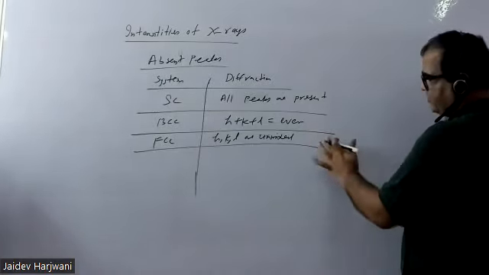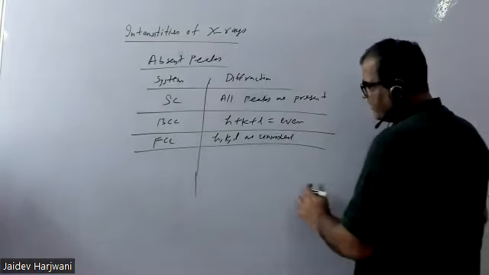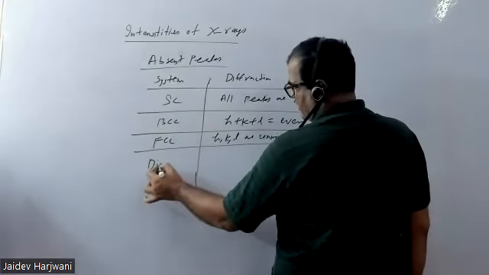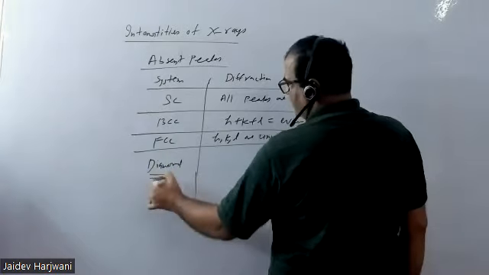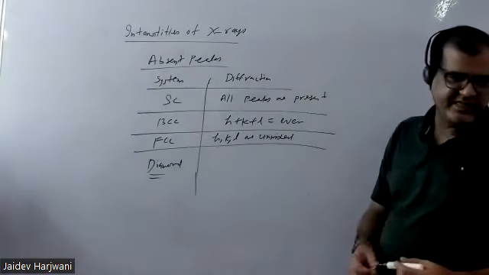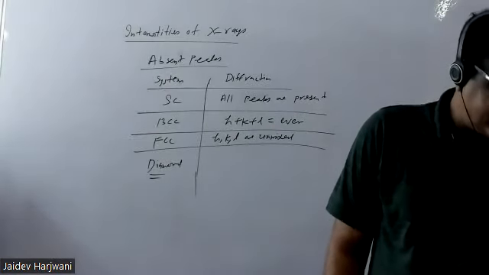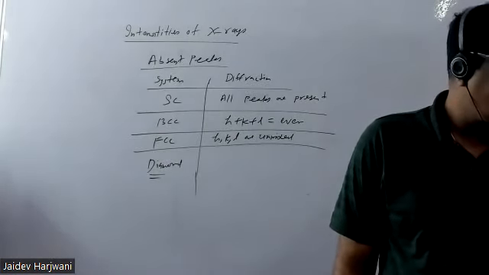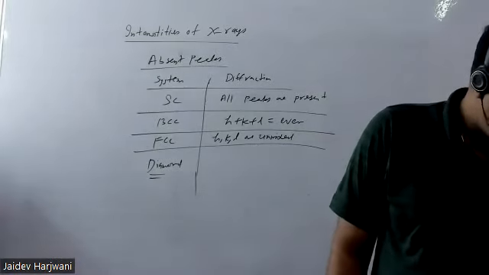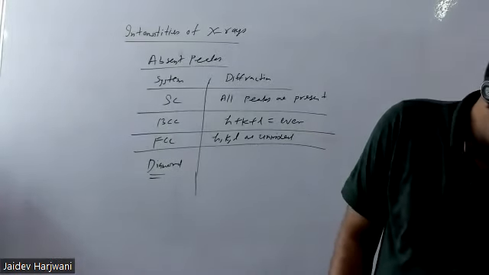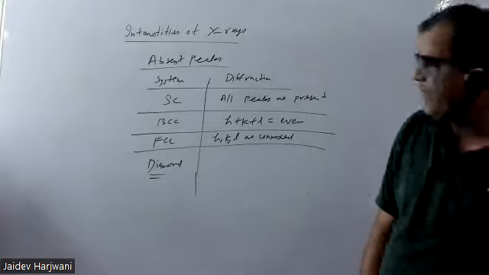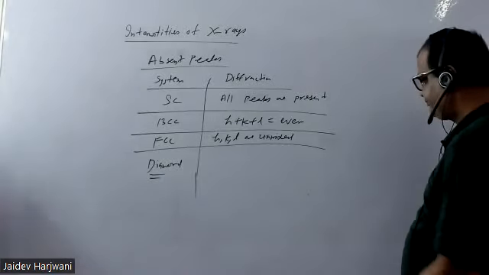So the HKL should be unmixed for FCC structure. Similarly, if I say it's diamond, which peaks will be present? Can anyone tell? Diamond has which kind of lattice? Diamond is also an FCC lattice.